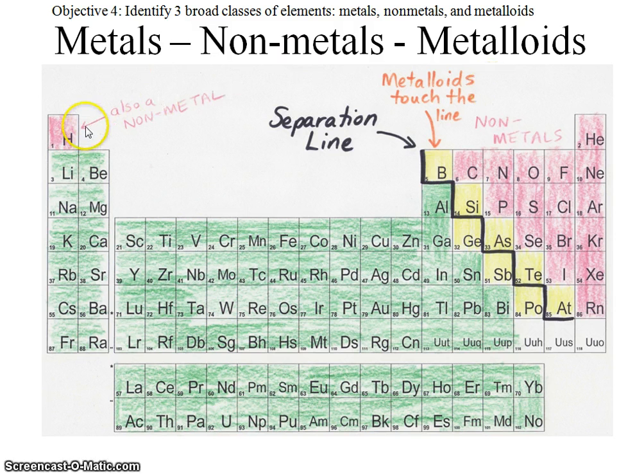And notice hydrogen is also included as a nonmetal, even though it is over here on its own with the metals. Hydrogen is in this location because of its number of electrons, and that's very similar to the lithium and sodium and potassium, the other elements in that column. So you should have a second color coloring in the nonmetals, and a third color coloring in all the other elements, which are metals.